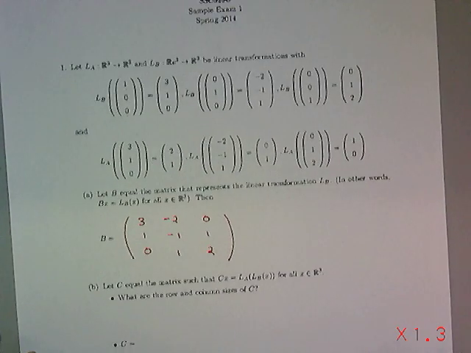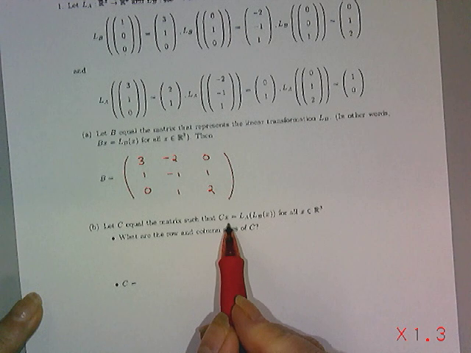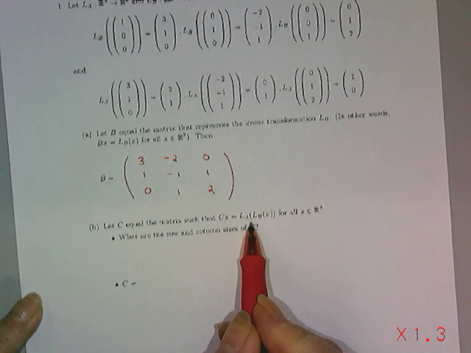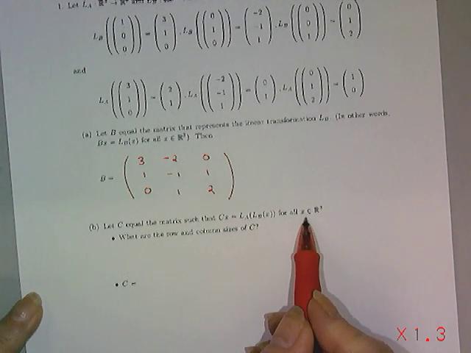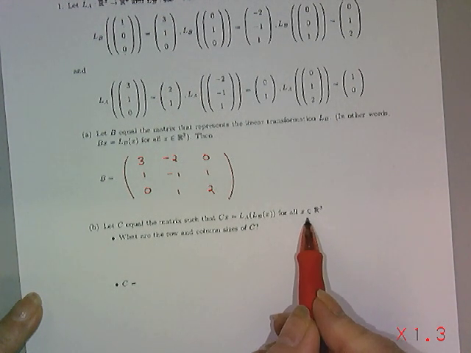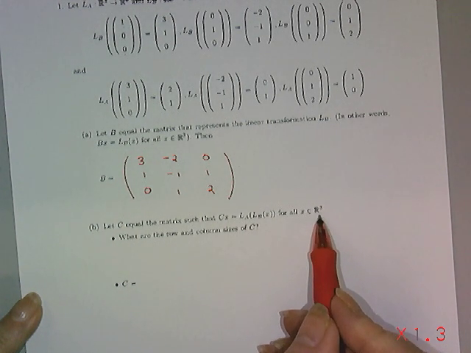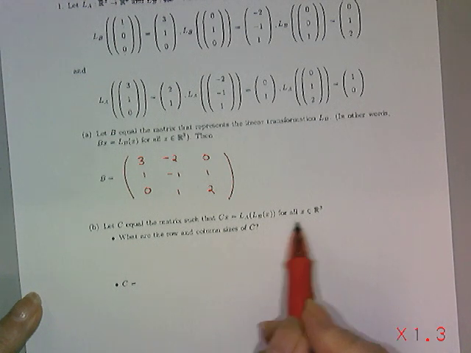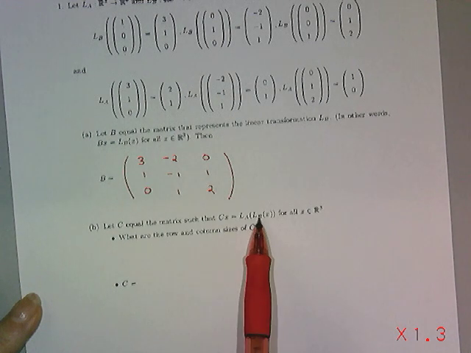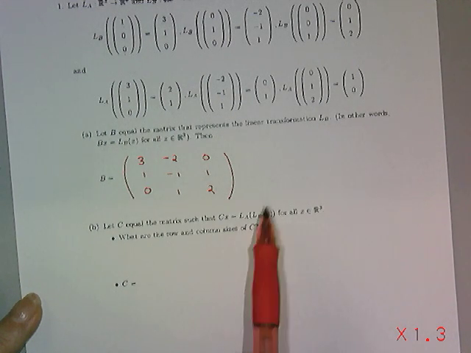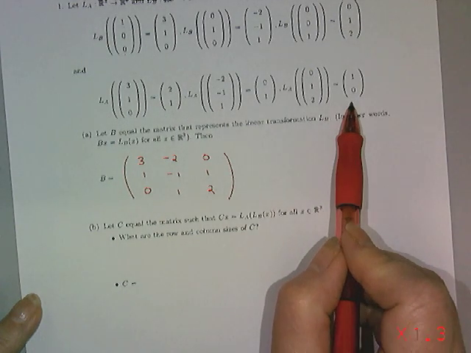Now, we're supposed to let C equal the matrix such that C times X is L of A of L of B of X for all X in R3. So X is a vector of size 3. L of B is described as such, and L of A is described as this.